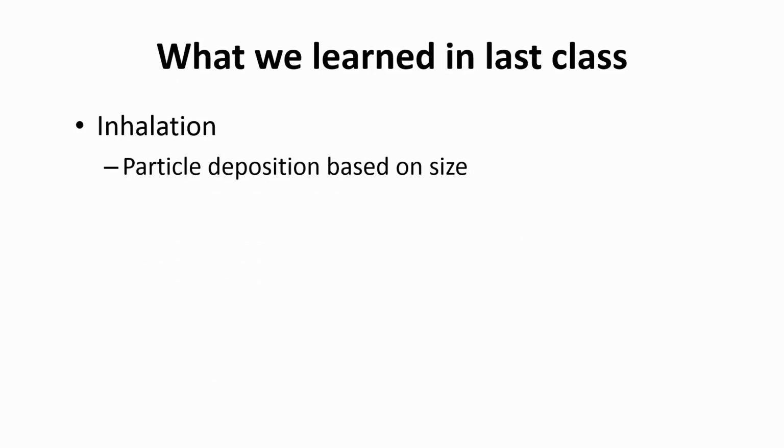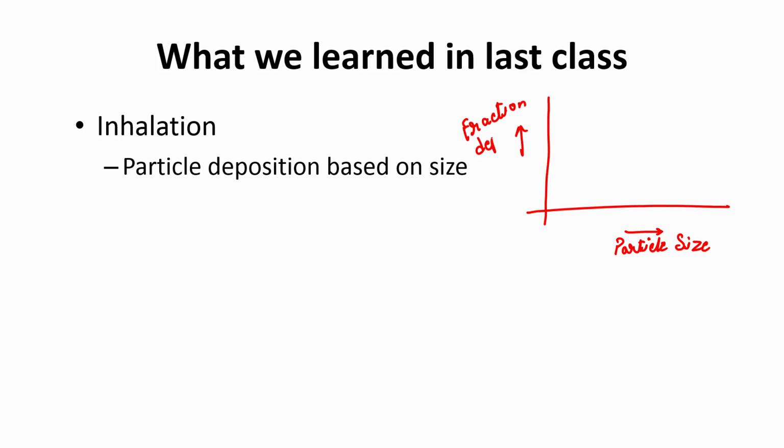So, one thing we talked about is what is the right particle size for deposition in deep lungs. So, if I plot it on the x axis, let us say particle size, and on the y axis the fraction that is depositing, and this I define for deep lungs, which is our major concern when we are talking about delivery.